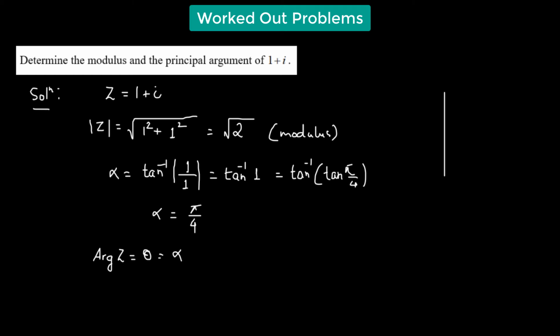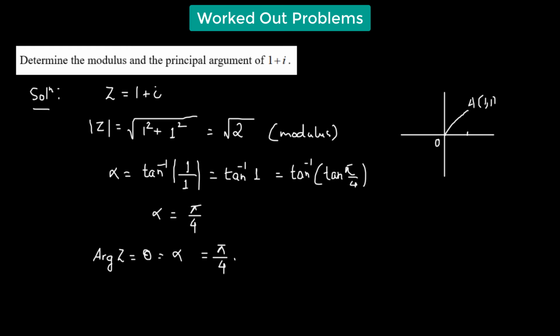We can always check it using our Argand plane. The real part is equal to 1 and the imaginary part is equal to 1. So we have our complex number OA, with A at the point (1, 1). We see that our complex number is in the first quadrant, therefore theta is equal to alpha. So the argument of our complex number will be equal to pi over 4.